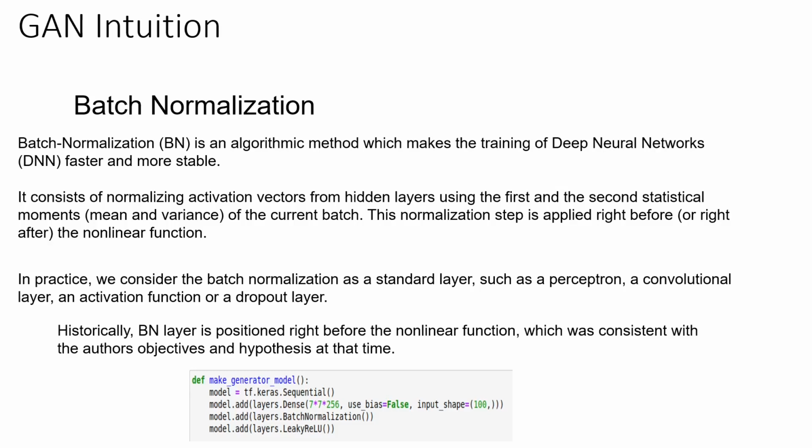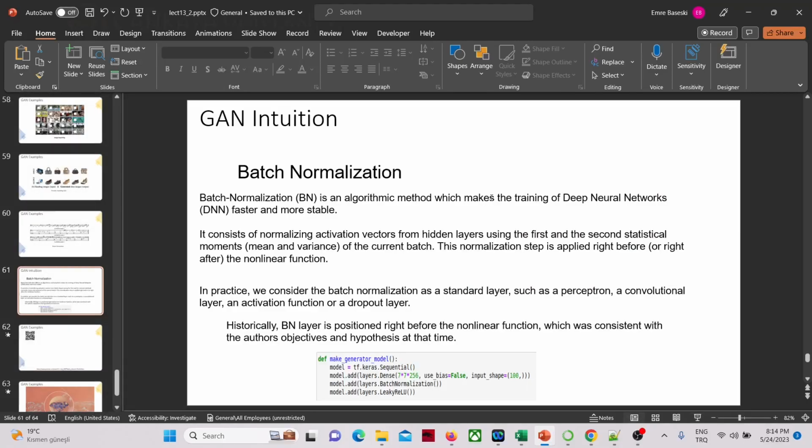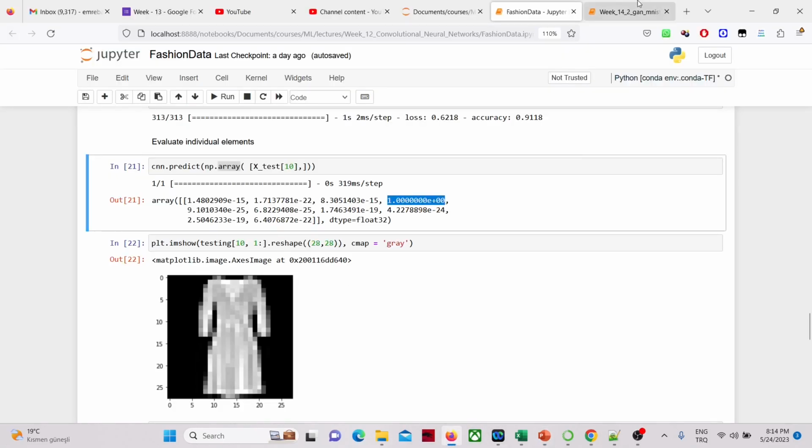So we will be using batch normalization as a new layer. We will see this new layer and leaky ReLU with the GAN example. So these are two new things that we will be using. All right, now let's take a look at our hands-on example for the GANs.